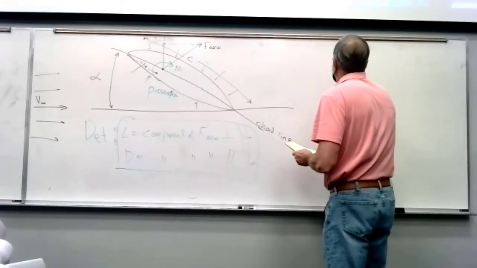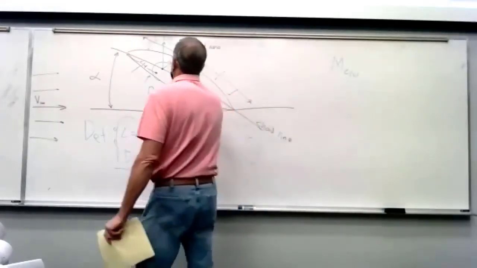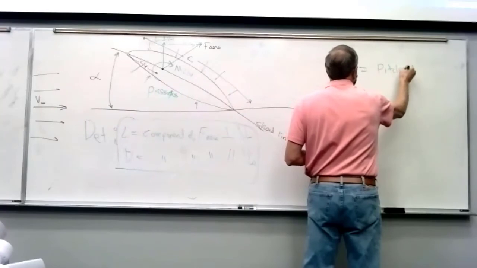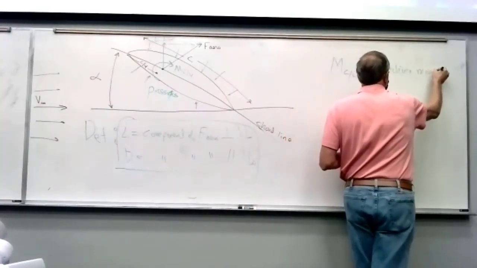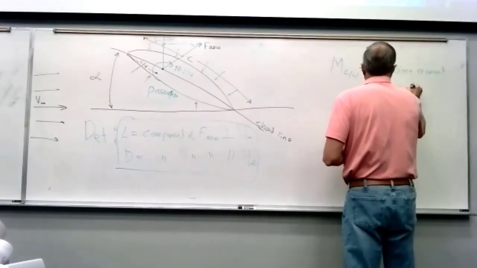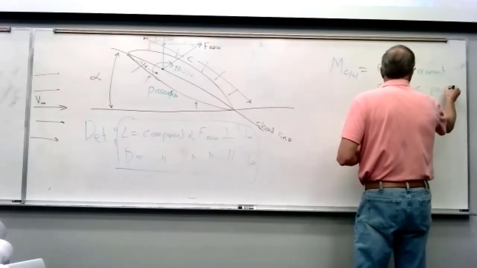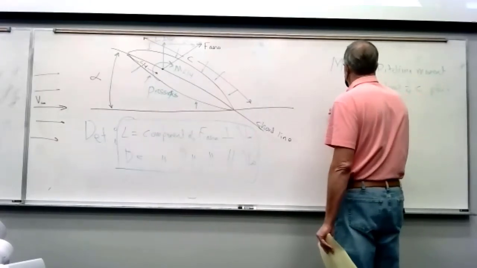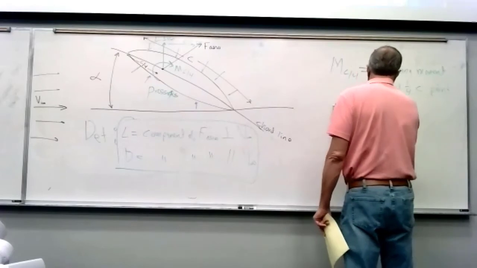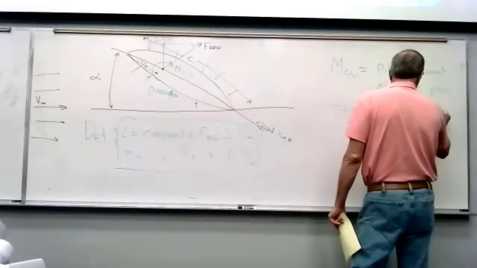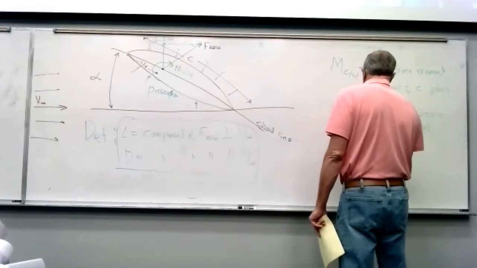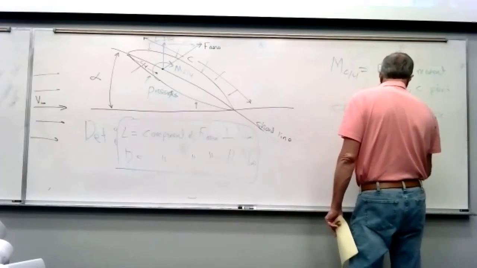So M, now we're talking about that particular point, called the pitching moment, because it pitches the airplane up or down, and it's about the quarter chord point, because people have discovered that for low speed, actually subsonic flight, this pitching moment does not change with angle of attack.